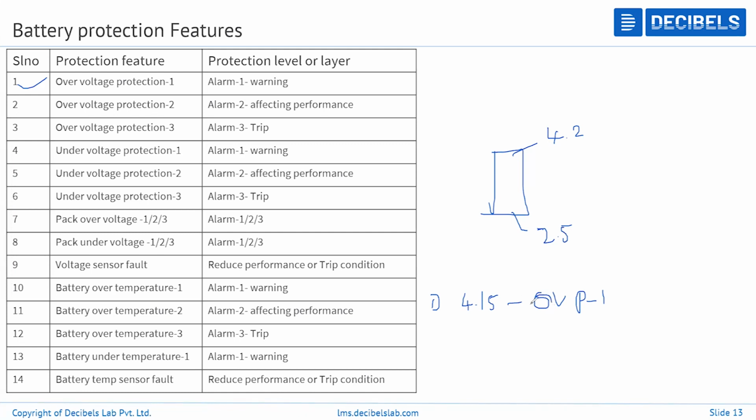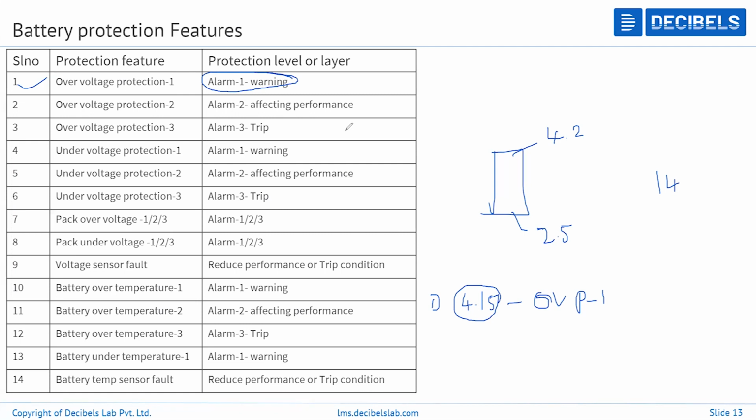Whenever you are charging the battery, out of 14 cells in series, if any one cell, the max voltage cell, reaches 4.15 V, it will start giving the warning. You can see here it's just giving the over voltage warning.